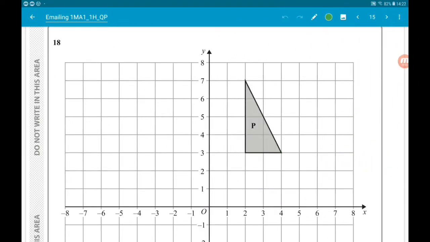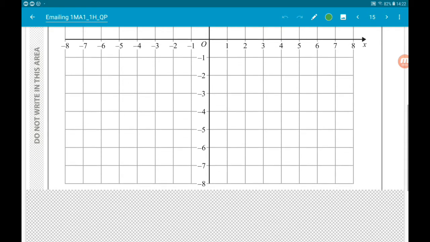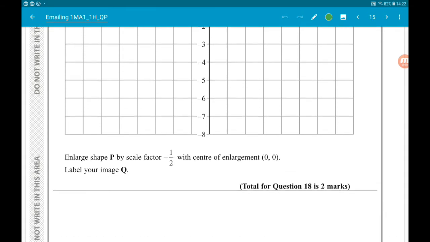Okay, number 18, we are enlarging this triangle. So enlarge triangle P by scale factor minus 1/2. So a negative scale factor means the shape is going to end up on the opposite side of the centre of enlargement.